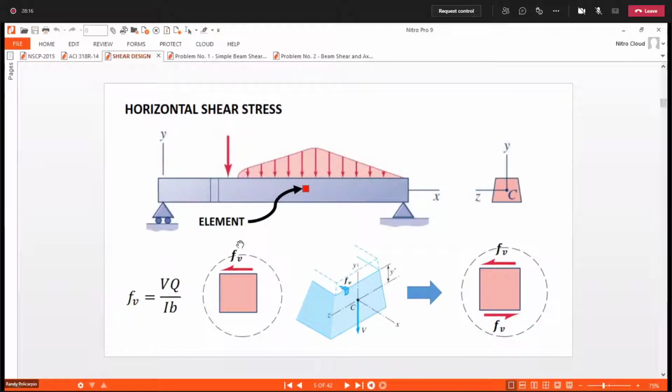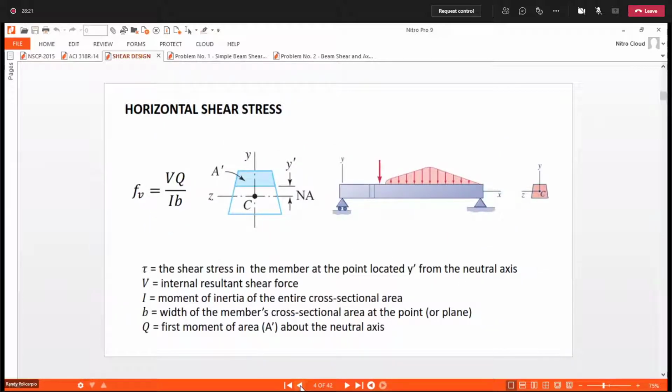Remember that this horizontal shear is computed using this formula. Okay, and I have shown you already the shear stress distribution for a rectangular section and for a wide flange.